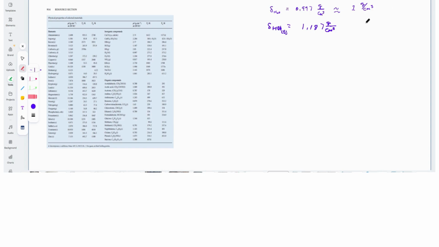But there's another thing we can call it. We can call it 1.187 grams per milliliter, because 1 milliliter is equal to 1 centimeter cubed. So it's three-dimensional, right? It doesn't have to be an actual cubic block.